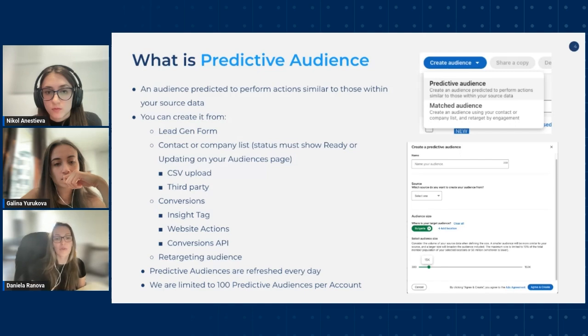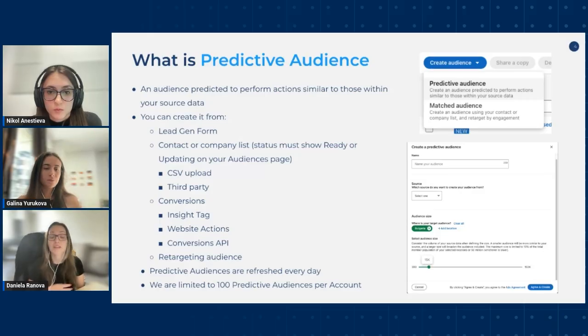There are a couple of notes here on how they work actually within LinkedIn. They are refreshed every single day, essentially meaning, as Gala mentioned, that they are based on predicted behavioral characteristics, meaning which members are most likely to engage in a certain way, but based on a seed audience.